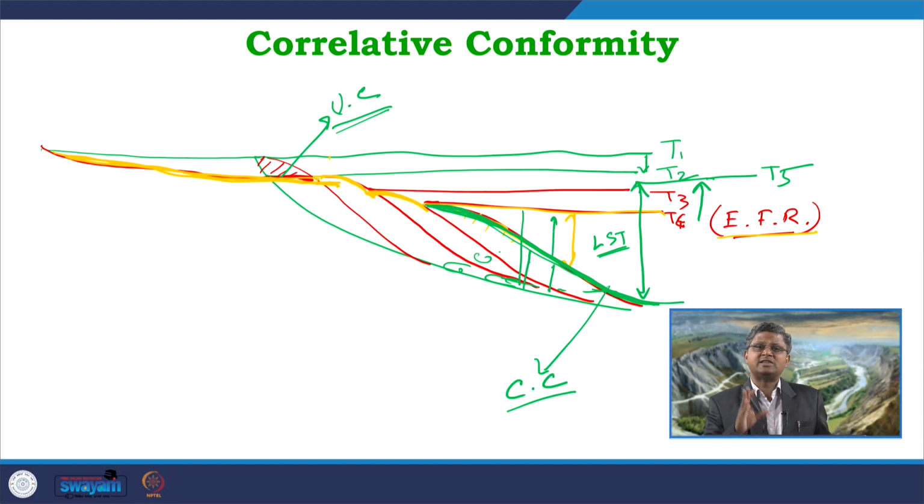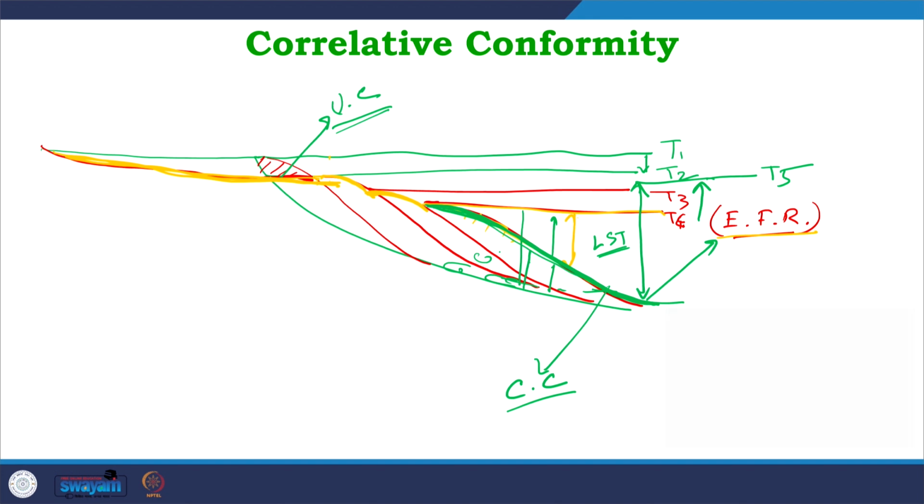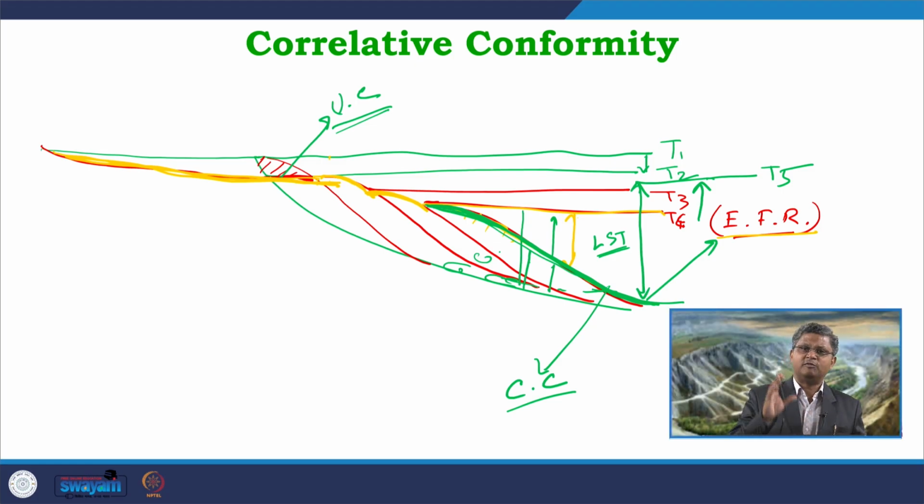So, this surface is called a correlative conformity surface, which marks the end of the forced regression in the basinal part, in the marine part of the basin. So, correlative conformity separates the forced regressive deposits below from the lowstand normal regressive deposits above. As you can see over here, these portions are the forced regressive deposits which are formed during this forced regressive phase.